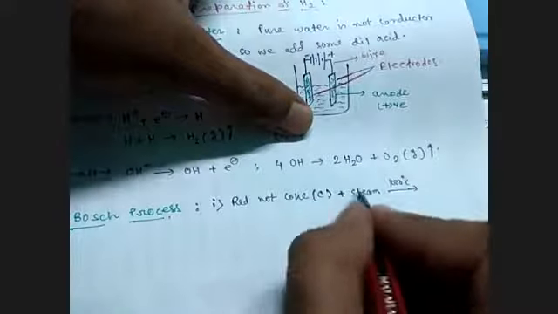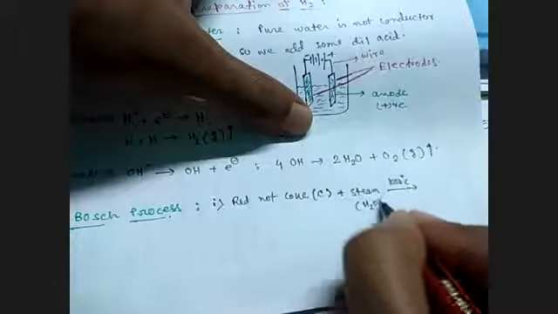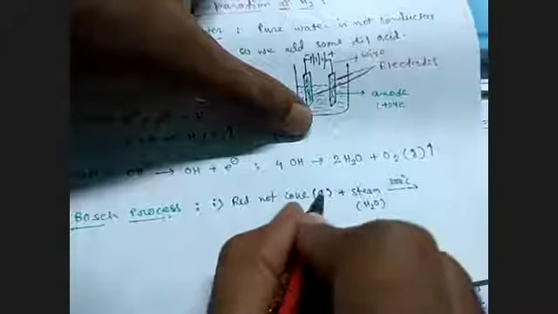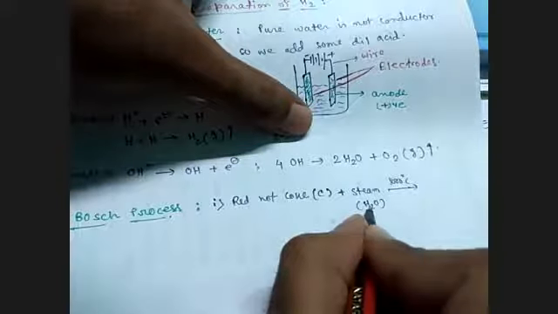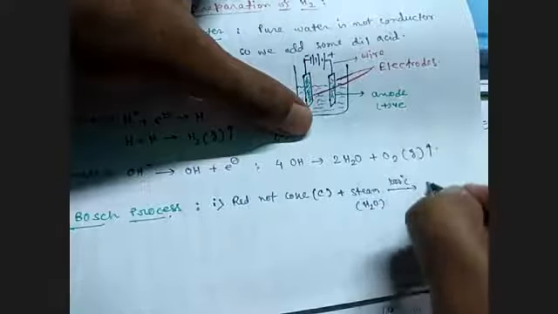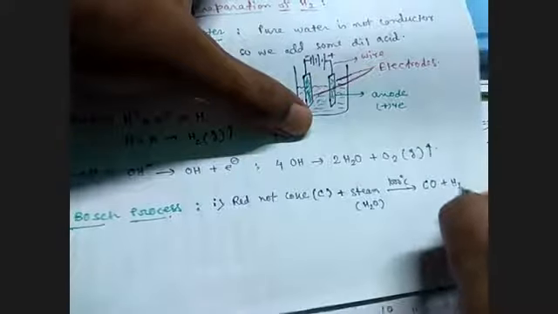Then what happened? Steam means H2O. Look at here, carbon will attach with oxygen, removing the hydrogen. So it will form CO plus hydrogen.